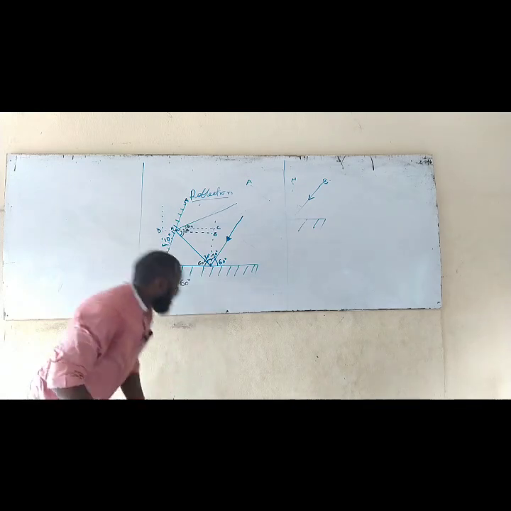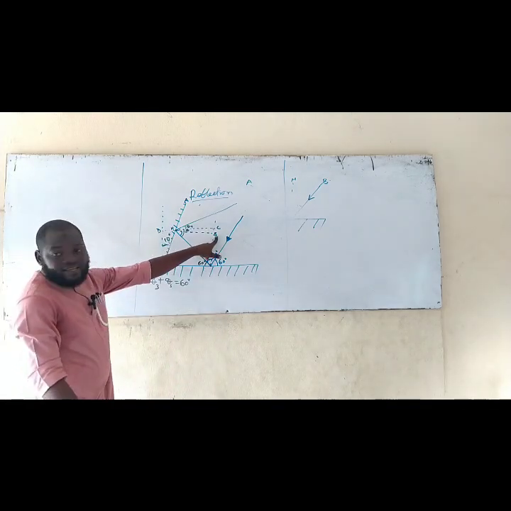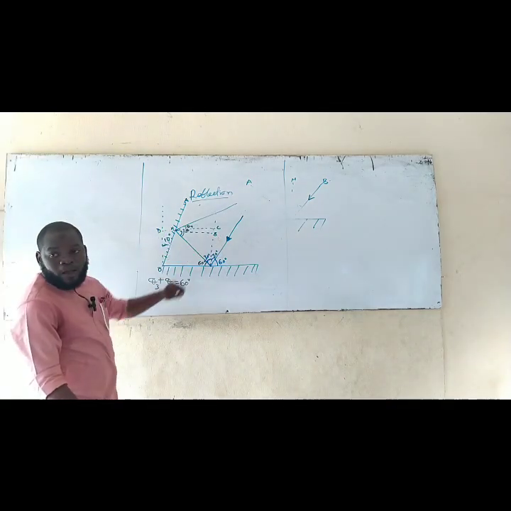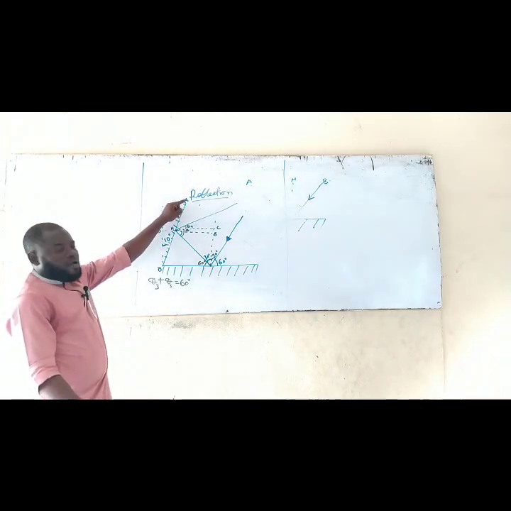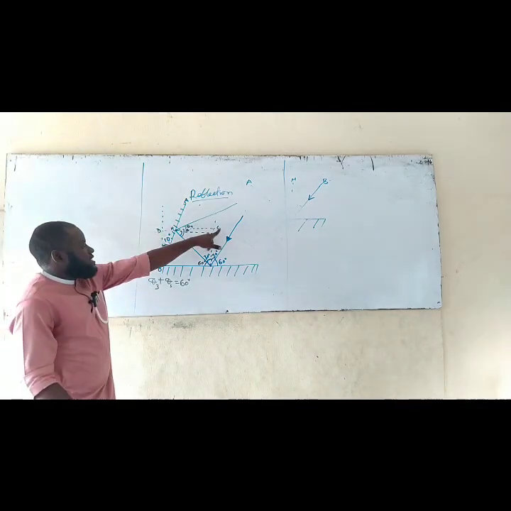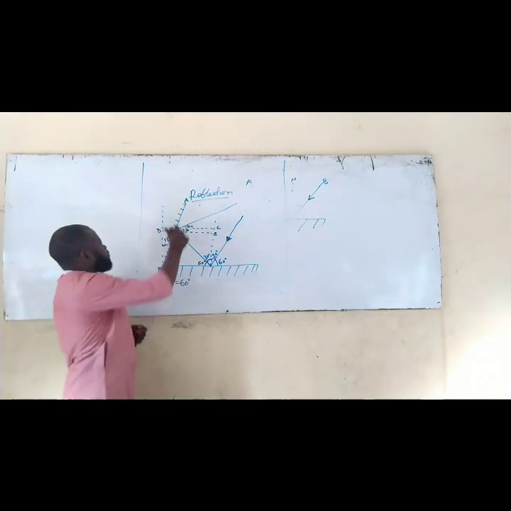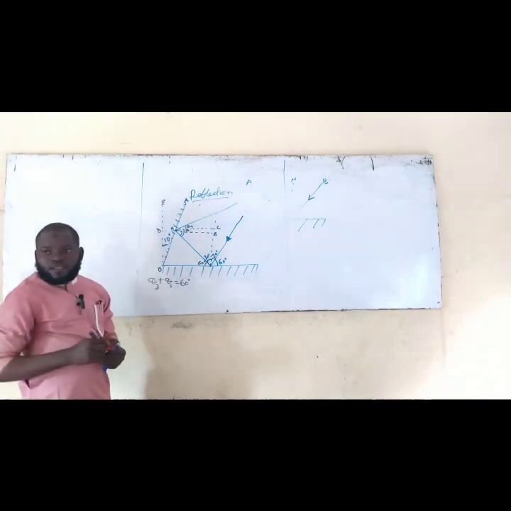So if you look at line NB, I see it now. Line NB is perpendicular to line OA. And line DC, I see it now. Line DC, let me call this one E.